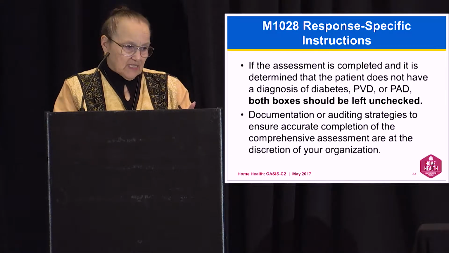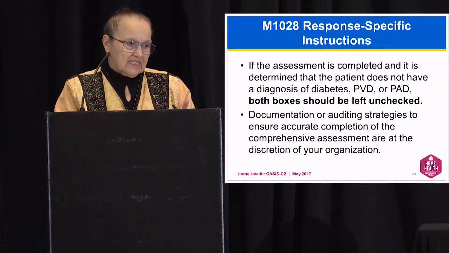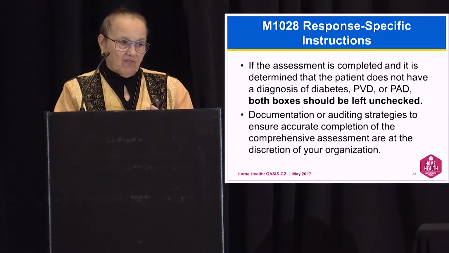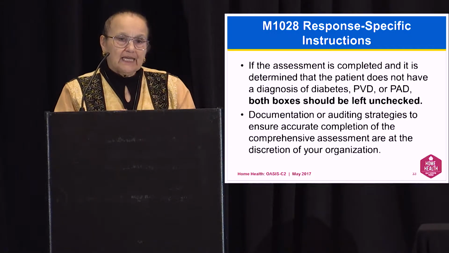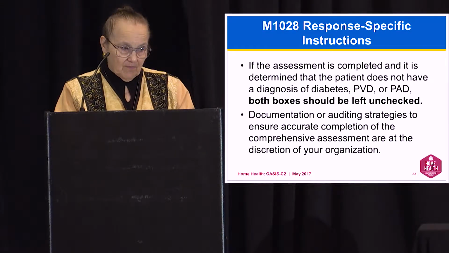It also does include the combination codes. If the assessment is completed and it's determined that the patient does not have a diagnosis of PVD, PAD, or diabetes, you leave both boxes unchecked.